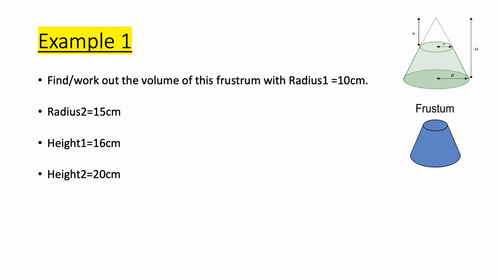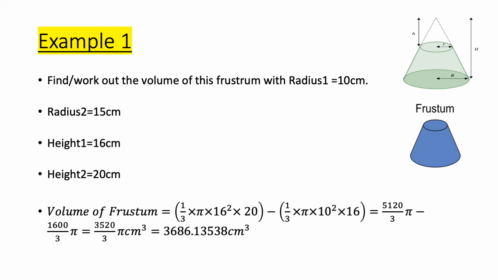The volume of the frustum is the volume of the whole cone, so a third pi r squared h, a third times pi times, I've made a mistake here, sorry, it should be times 15 squared. I apologize, I've made a mistake there.